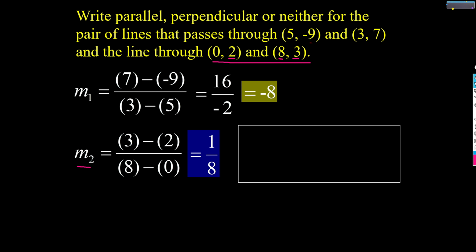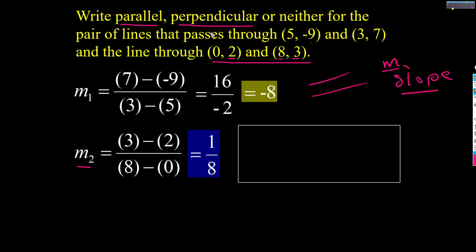So now, how do we check if the two lines are parallel to each other or perpendicular to each other? When we talk about parallel lines, they have the same m, or you can just say the same slope.